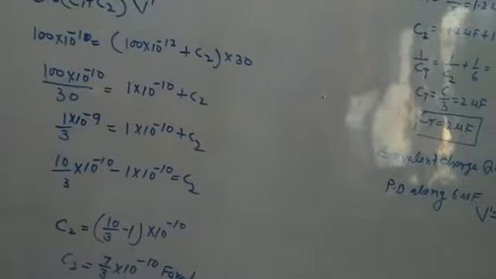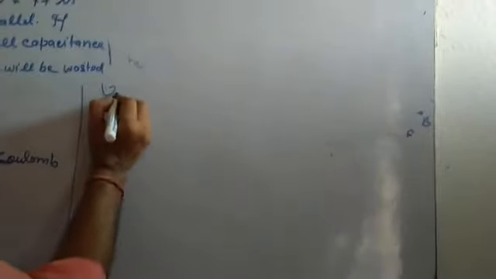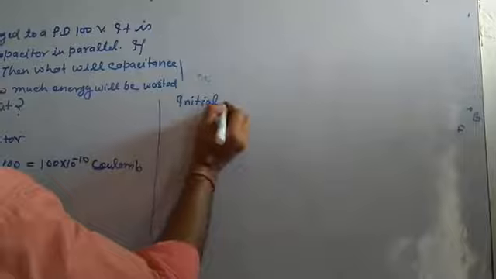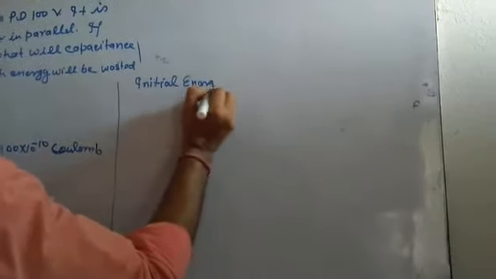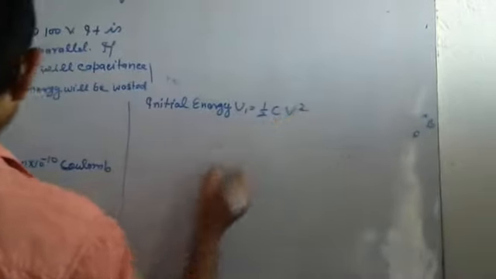This is now energy before distribution of charge, the initial energy E1. E1 equal to half CV square.